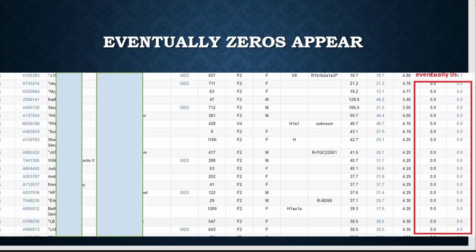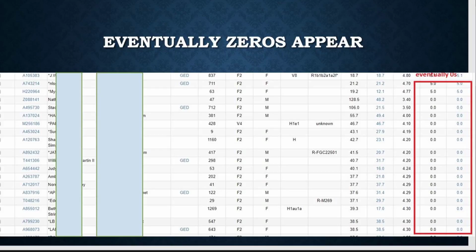So it could be most likely that person is not related to you through your mom, but you never know. You can't rule it out. But the zeros can be really helpful when it comes to sorting with matches. And I show in that demonstration set that I sent how I use the zeros.